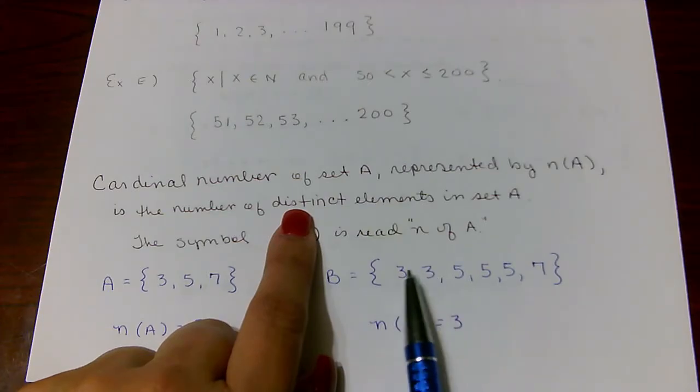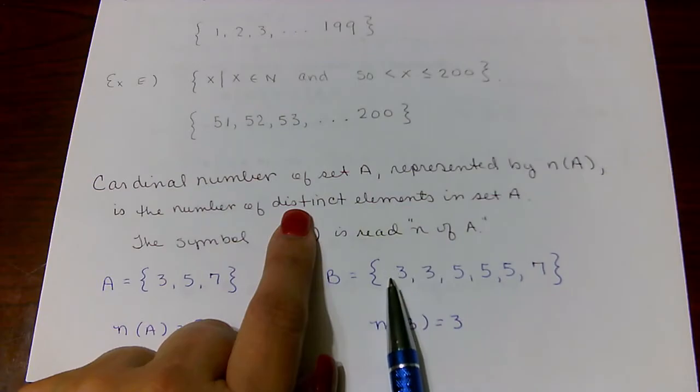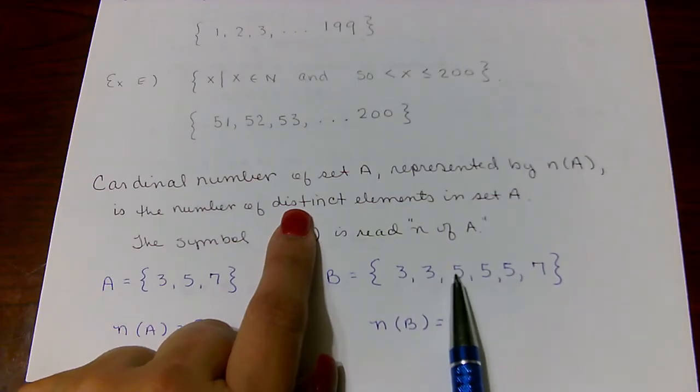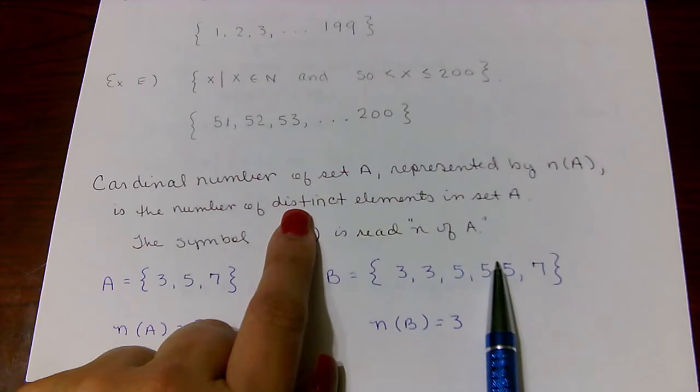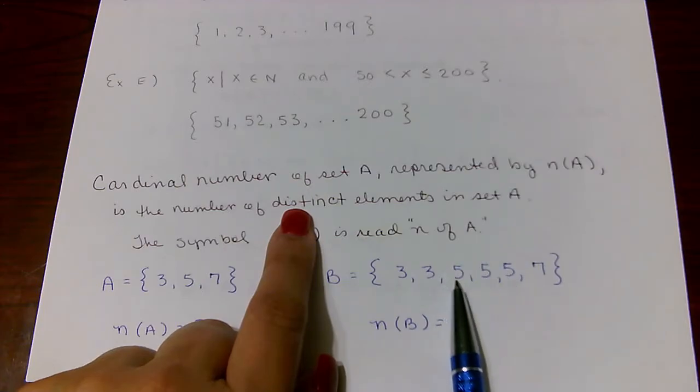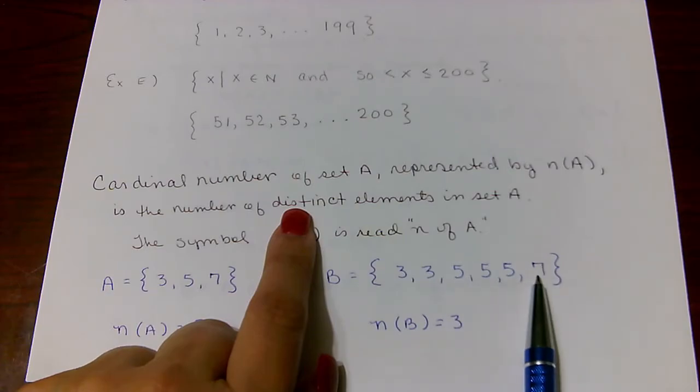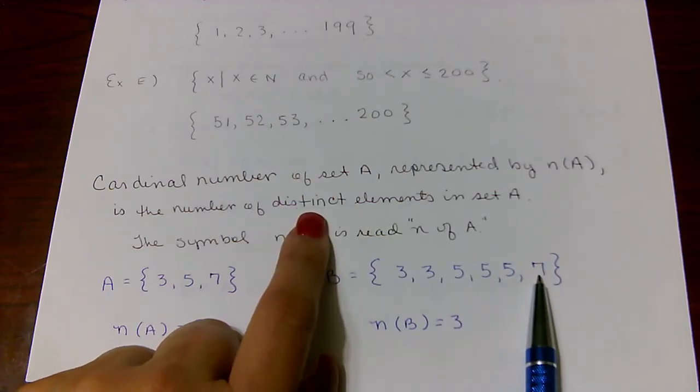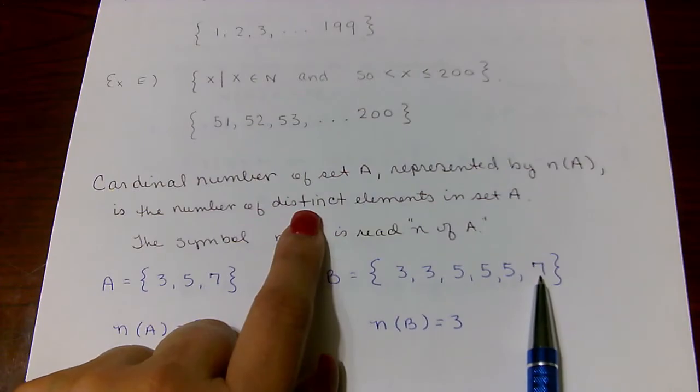These two 3s are the same, so we count it only one time. 5 has 3 elements that are the same, but we only count it one time. So that's 1, 2, and the 7 would make a third distinct element.